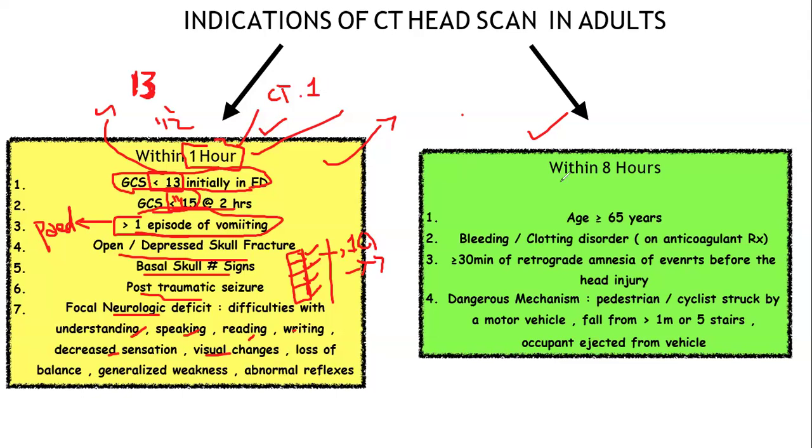Okay. Next, criteria for within 8 hours. Old age, more than 65 years, the patient is on anticoagulant or is having any bleeding or clotting disorder, retrograde amnesia of more than 30 minutes, dangerous mechanism of injury. And there are criteria for dangerous mechanism, like pedestrian or cyclist struck by a motor vehicle, fall from more than 1 meter or 5 stairs, occupant ejected from the vehicle.